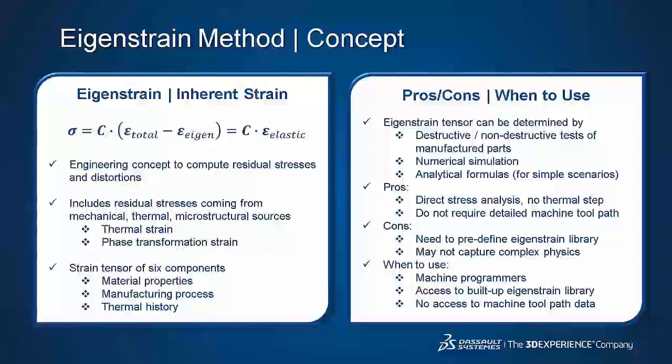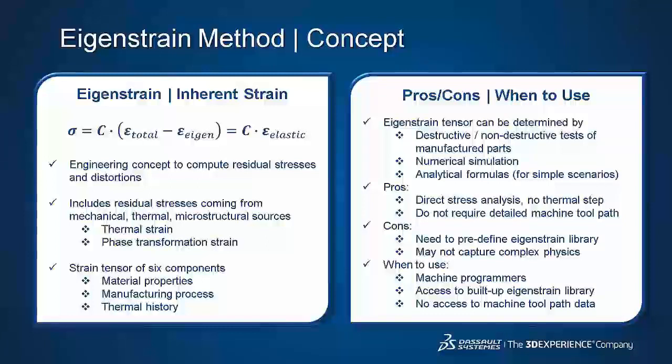In a linear elastic deformation, the stress introduced by eigenstrains can be represented by the constitutive equation as shown on the screen. Eigenstrains are used to compute residual stresses coming from mechanical, thermal, and microstructure sources such as phase change. Thermal strains are a subset of the eigenstrains.